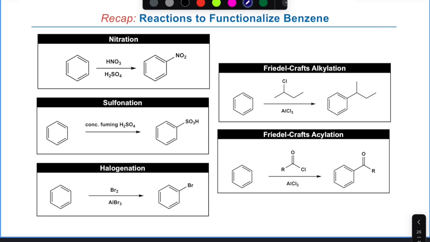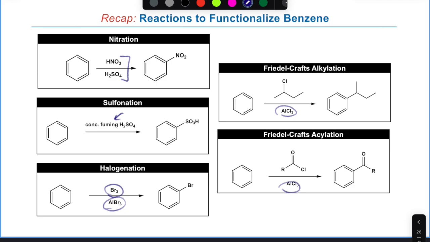This one, you're making fuming H2SO4. This one, you're using bromine, which if you've ever used it in the lab, is a red liquid that will corrode basically everything, and it will give off fumes as well. And then these aluminum species are not the most fun to play with either. So these are harsh reaction conditions, and you're forming super reactive electrophiles, and you also want to consider what else on your molecule might react.